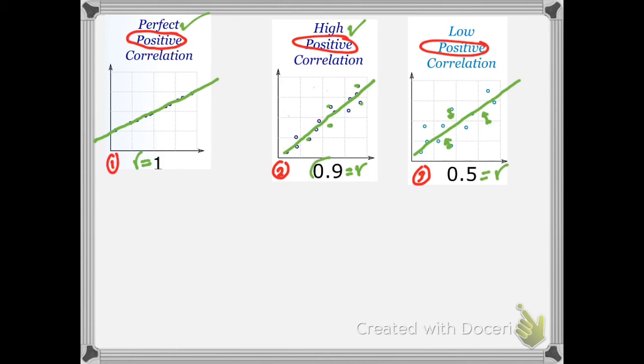Look, in the case of 0.9, the data are very close to the regression line. But what about the case of 0.5? They are a little bit far away from the regression line. If you reduce this number, suppose R equals 0.2, what will happen? When you draw the regression line like this, you will discover the data are far away. Okay? Far away from the regression line.